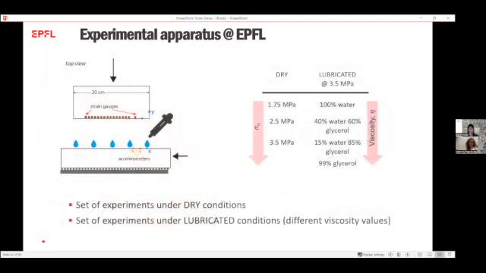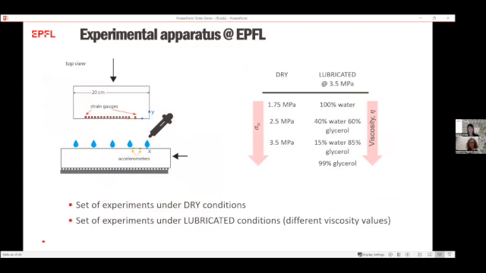So we basically performed 2 sets of experiments. The first set of experiments was under dry conditions, for increasing normal stress from 1 to 1.75 to 3.5 MPa, and then a second set of experiments under lubricated conditions.